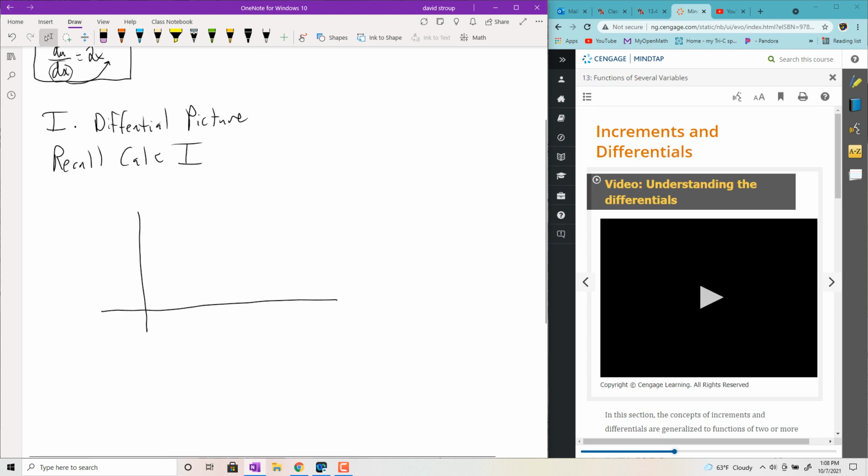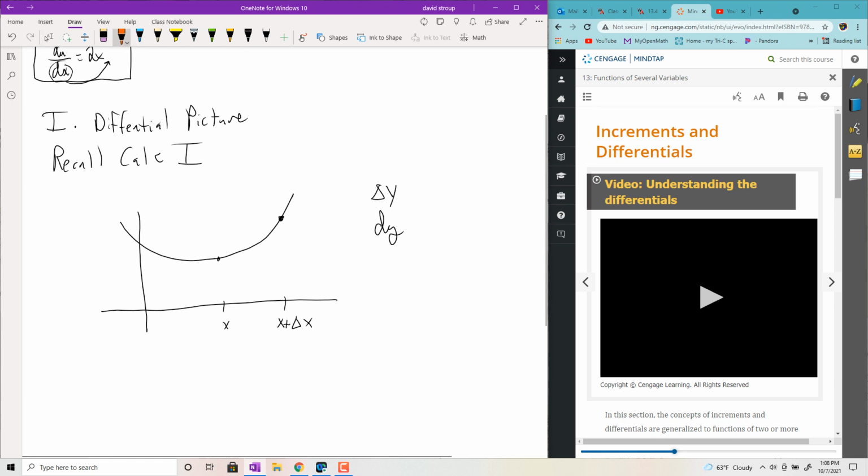So imagine we have some sort of concave up figure, and we're starting at x and then moving some increment change in x. The difference between the heights of those two points is the change in y, and we're approximating the change in y with the differential dy.